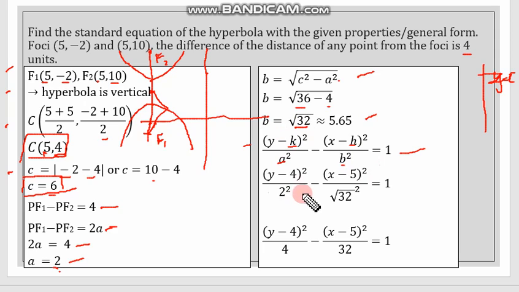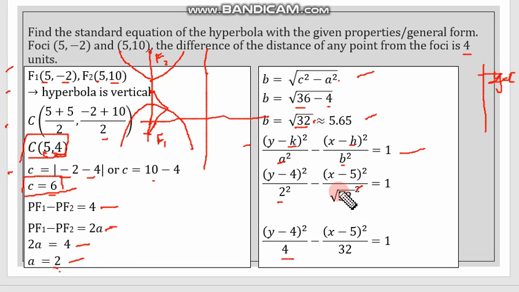So y minus k, which is 4, squared over a squared, 2 squared, that's 4. Minus x minus h, which is 5, squared over the square root of 32 squared.